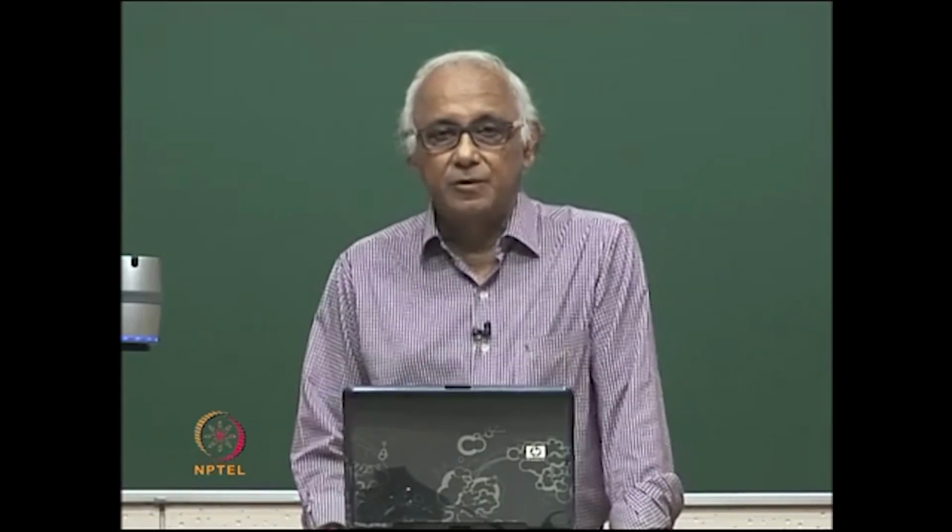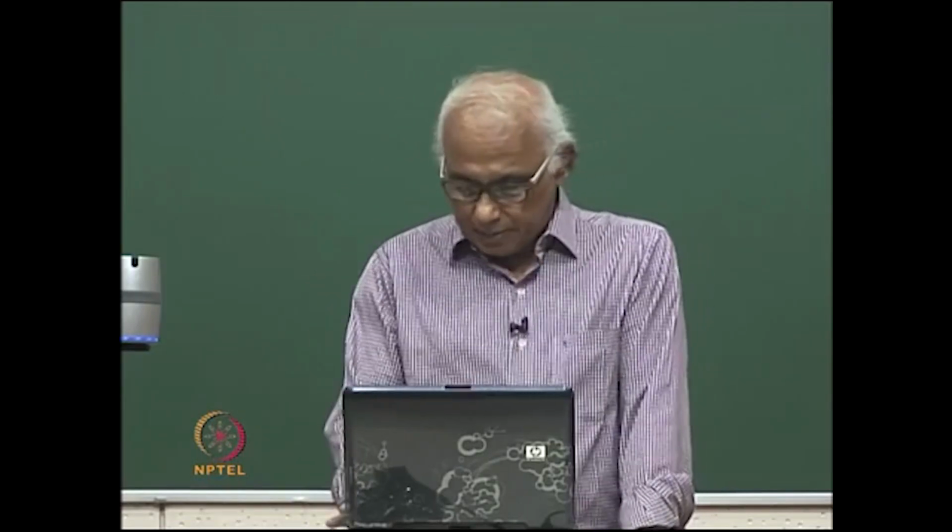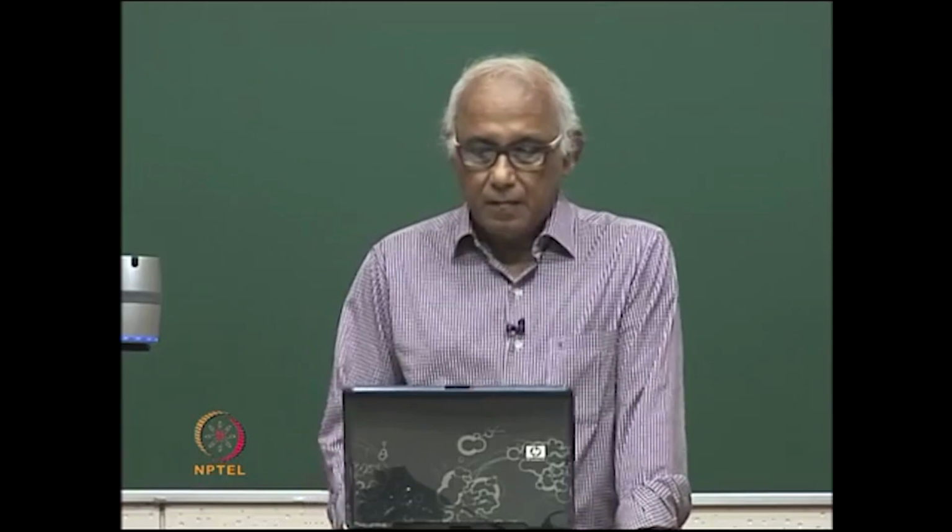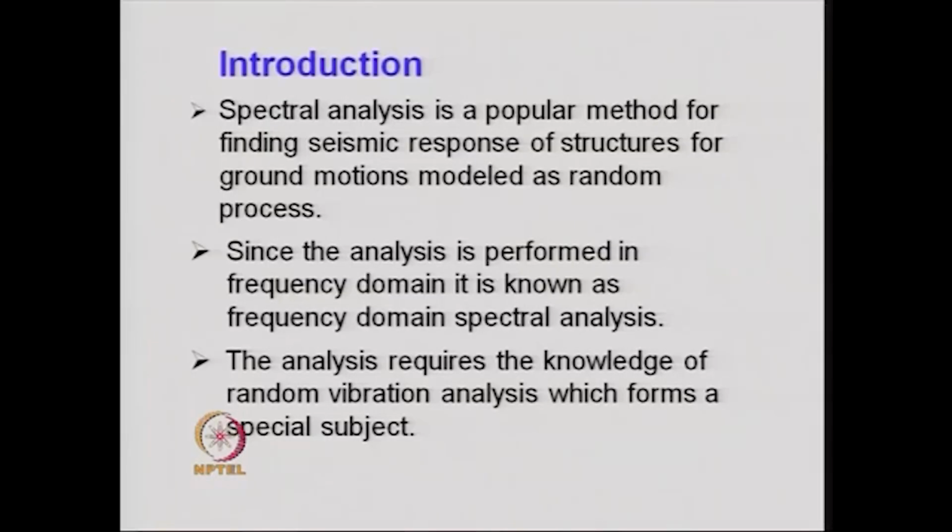Since the entire analysis is done in frequency domain, it is better called a frequency domain spectral analysis. It is a very popular method for finding seismic response of structures for ground motions modeled as a random process.